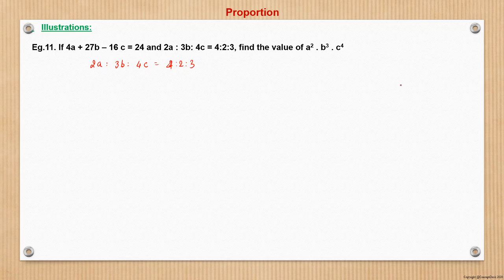Acha, a very basic thing I just reiterate, though I have discussed in ratio. If a is to b is equal to 3 is to 4, I can write this as a by b is equal to 3 by 4, or I can write this as a by 3 is equal to b by 4, right?